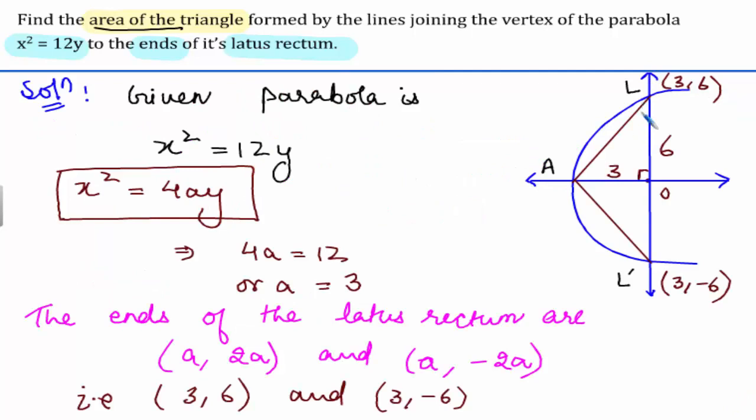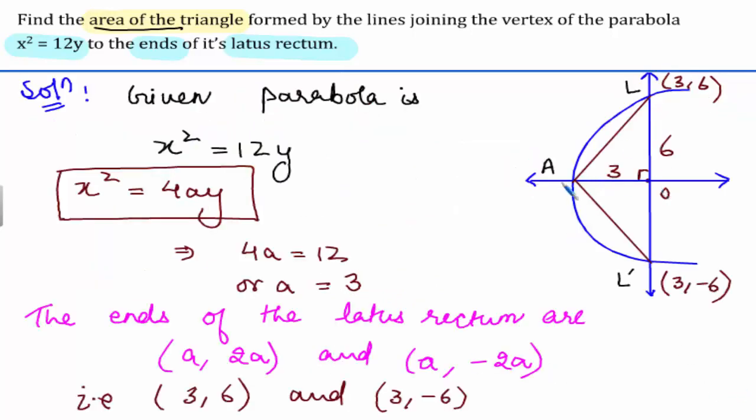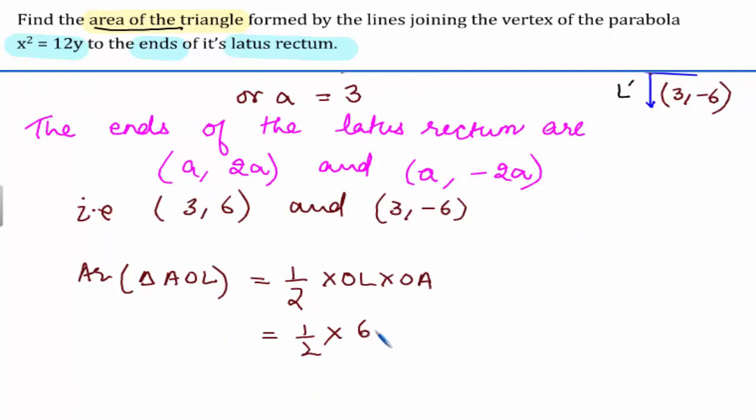Let the base be OL, then the height is OA. So this is equal to half into OL is 6 and OA is 3. So 6 into 3, which is equal to 9 square units.